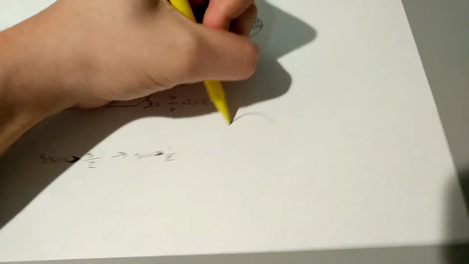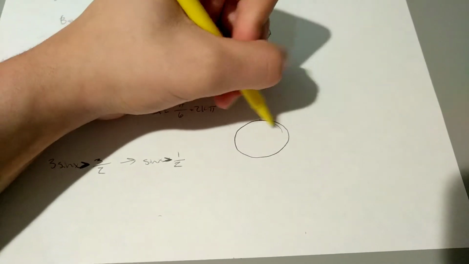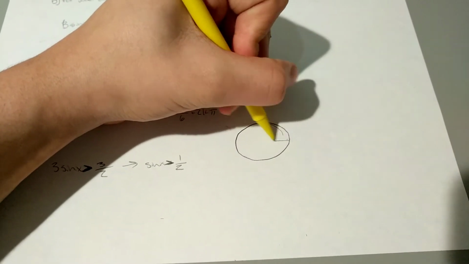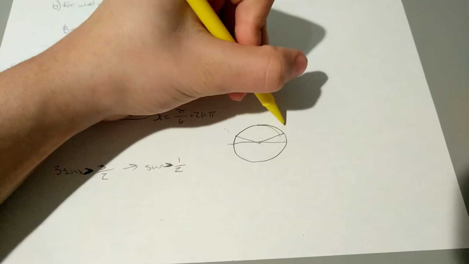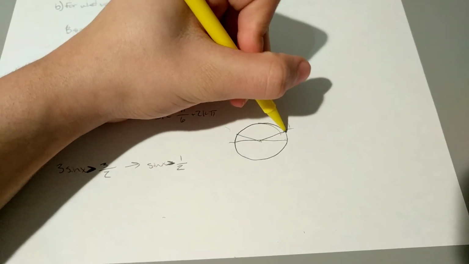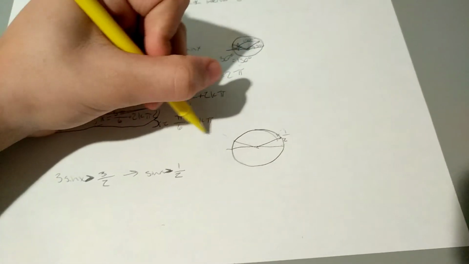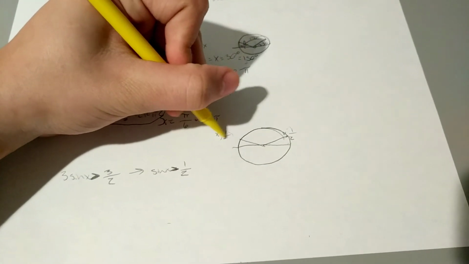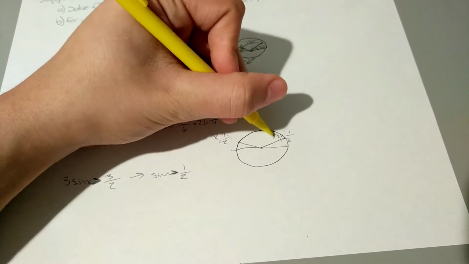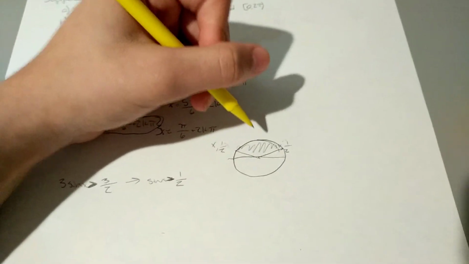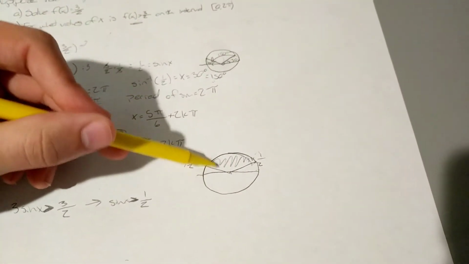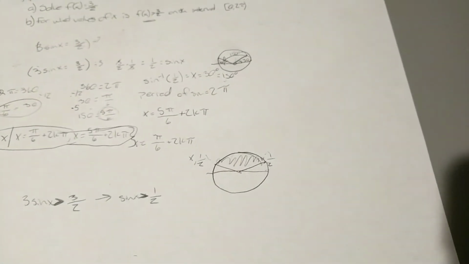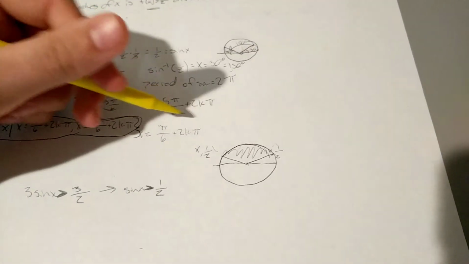So if we go over here and we draw a unit circle, remember that we have this over here, and this is where it was whatever x coordinate, and then 1/2. And over here, this is where the sine is greater than 1/2 because it's higher up. And we don't really care about the x value because the sine's only the y value in the unit circle.